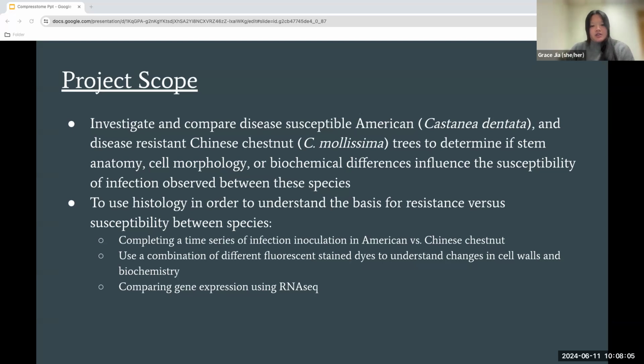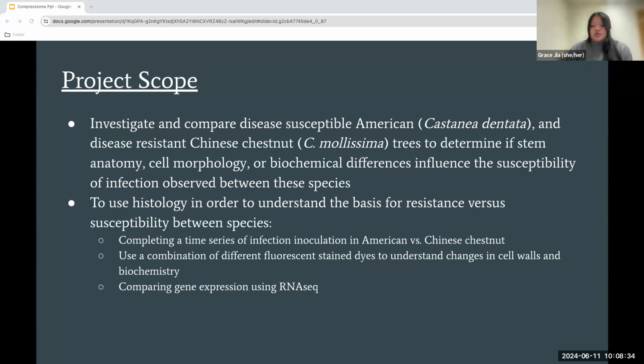The plan is to carry out this project using histology to understand the basis of susceptibility versus resistance between these species, and we will do so by inoculating both American and Chinese chestnut seedlings with the chestnut fungus, which is Cryphonectria parasitica, and observe the infection using a time series. From this, we will then compare gene expression using RNA-seq.